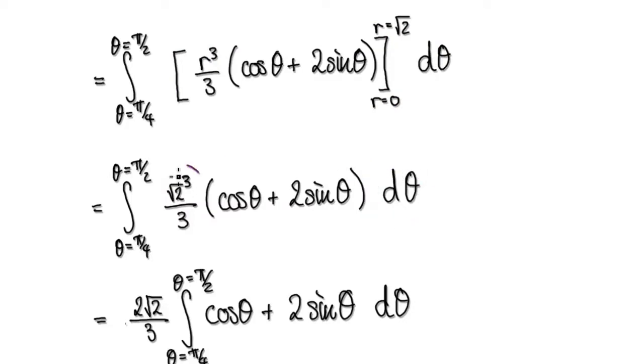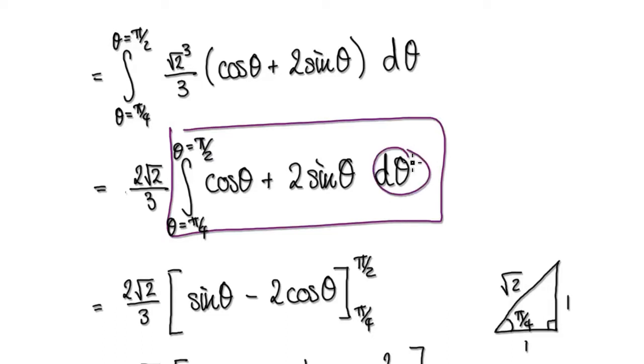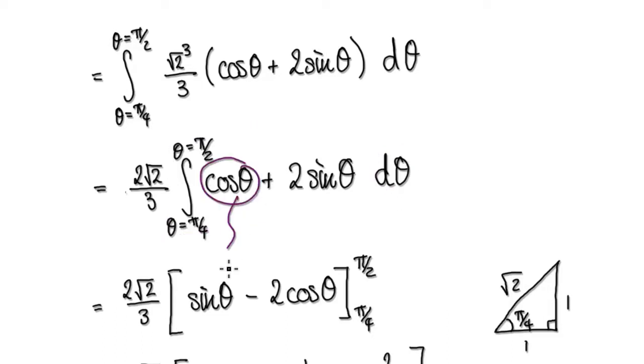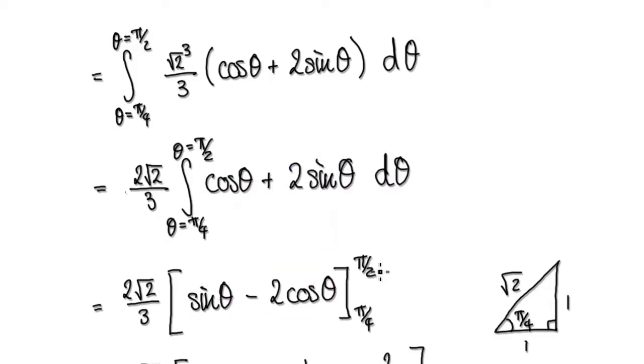This here is a constant, so take it out. This constant here is exactly the same as this, just written differently. So now it's just a matter of integrating this whole thing with respect to theta. When you integrate this, it will give you negative 2 cos theta, and then put this into here. That will then give you this.